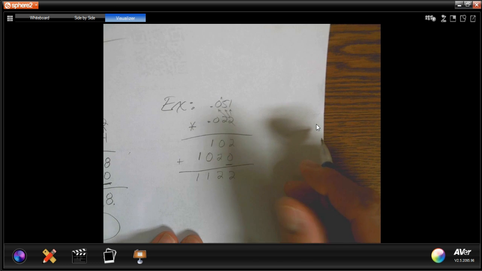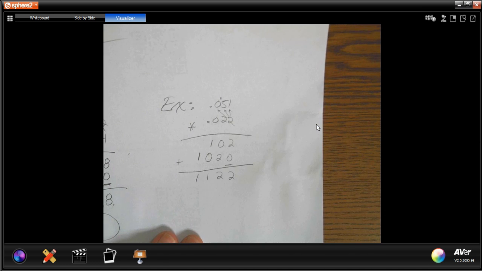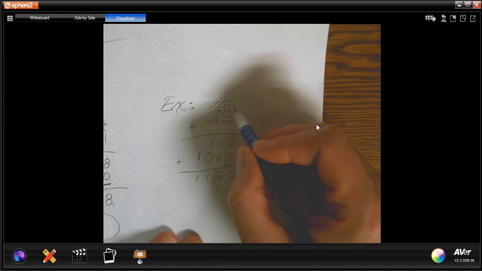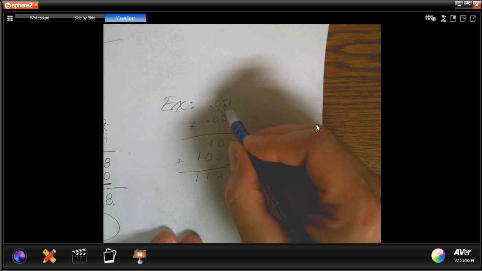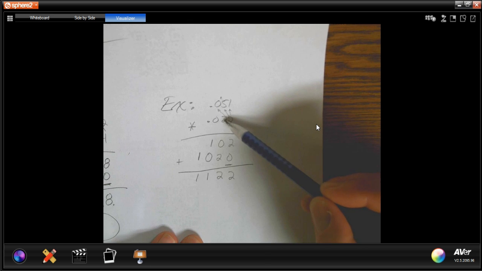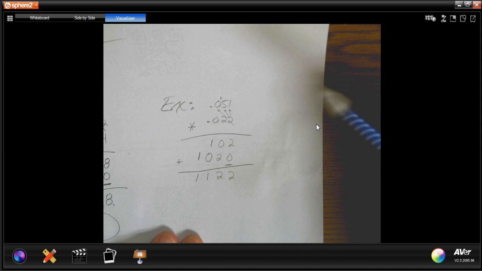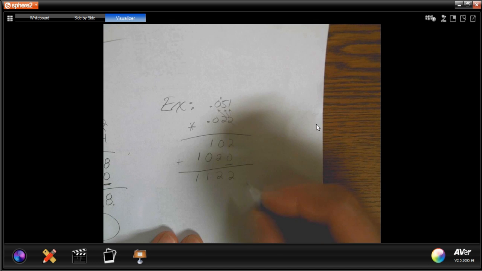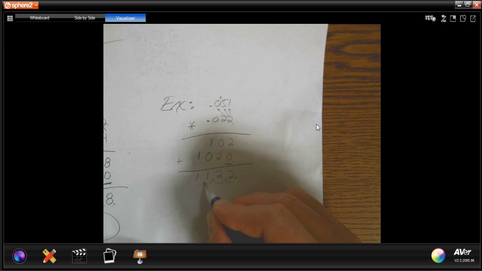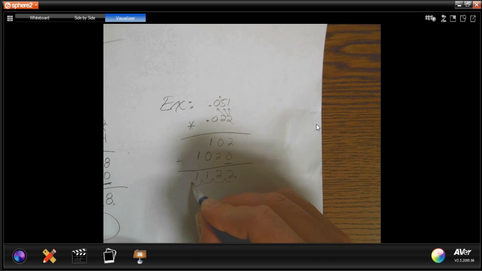Okay, the last thing we do is count the places after the decimal point. We've got 1, 2, 3, and then 4, 5, 6. So there's 6 numbers after the decimal point here. So I start here and I count 1, 2, 3, 4.